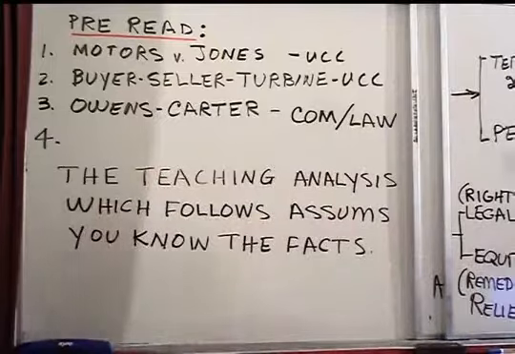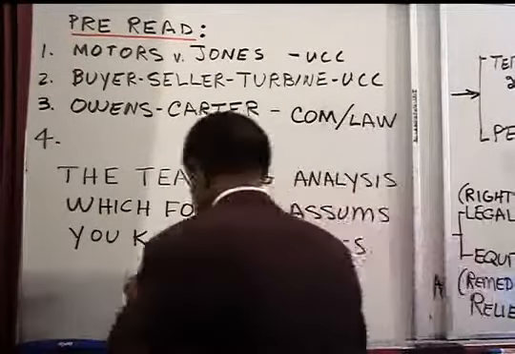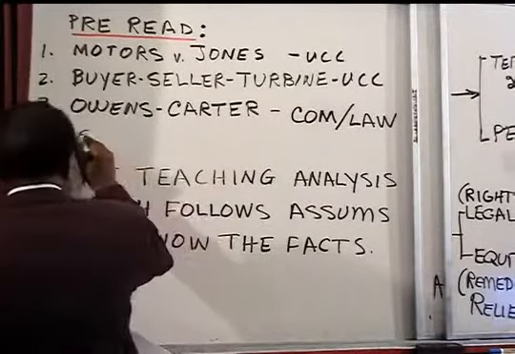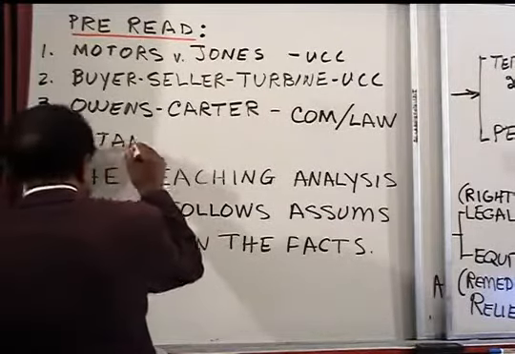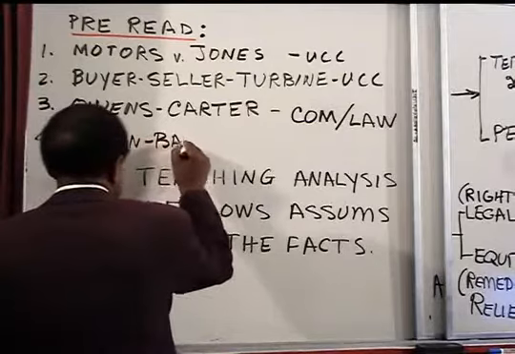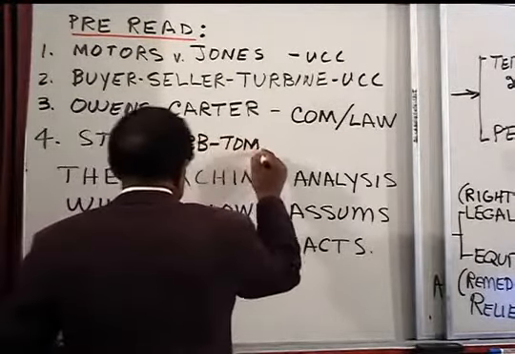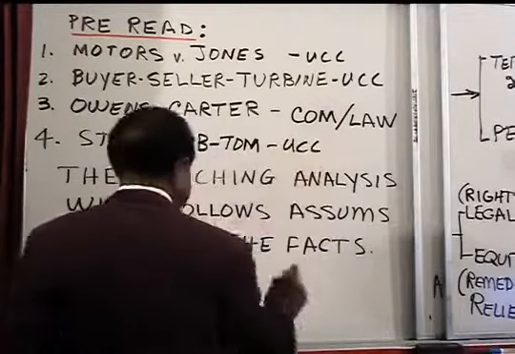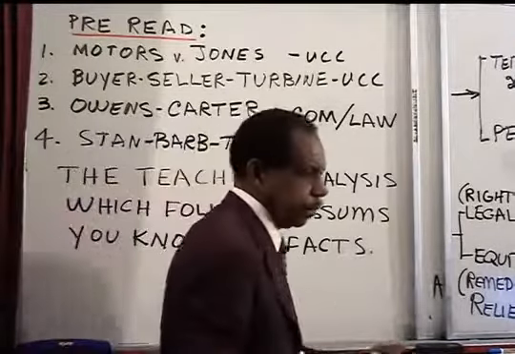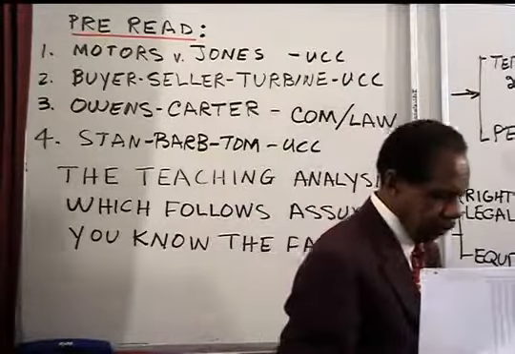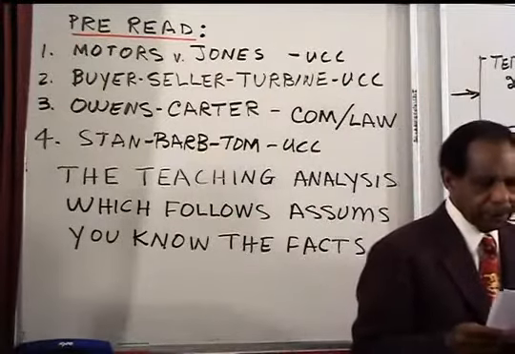And this problem is the Stan, Barb, Tom problem. It's in your materials. And this is a UCC problem. Please pull it out of your materials because we're going to go through it word by word, and you need the problem in front of you.